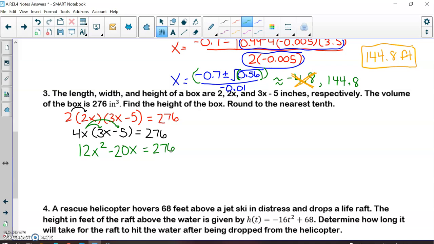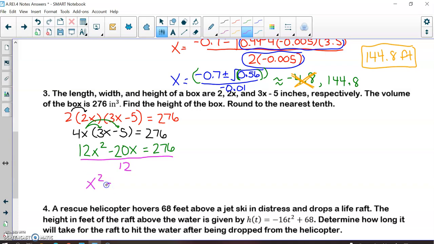And so with completing the square, we keep our constant on this side because it's alone on one side, and that's what we want. With completing the square, though, your coefficient of x squared must be 1. So I'm going to divide every term by 12.